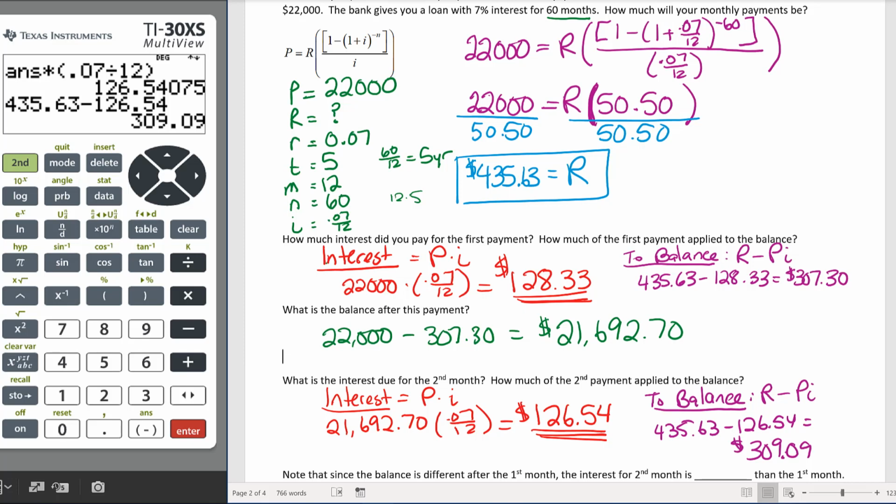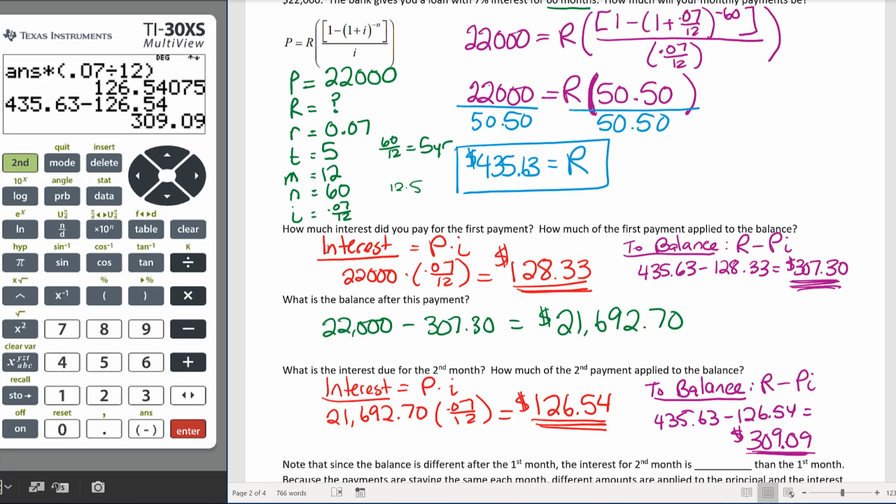So for the first month, only $307 went towards the balance, and the next month, $309 went to the balance. So as each month progresses, more of your payment goes towards the balance, and less of your payment goes straight to the bank.